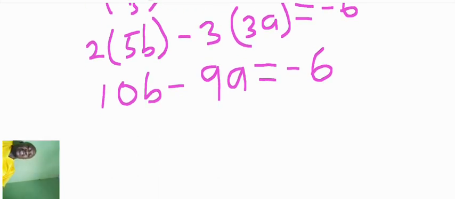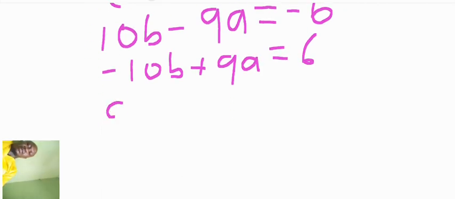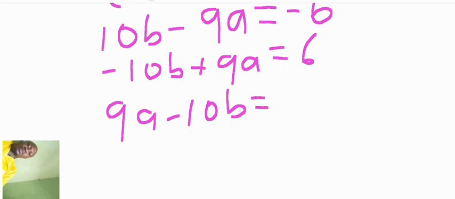So let me multiply each term by -1 to avoid too much negative in the equation. So if I do that, I'll be having -10B plus 9A is equal to 6, which is the same as 9A minus 10B equals 6.